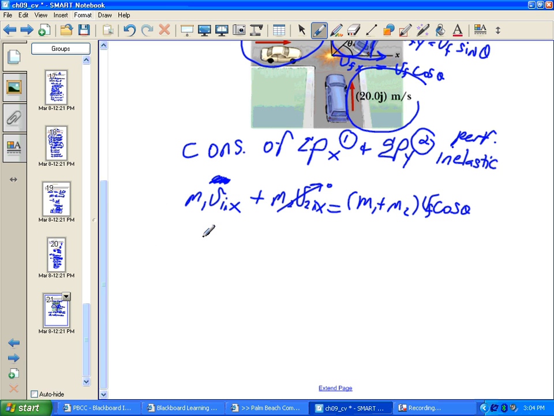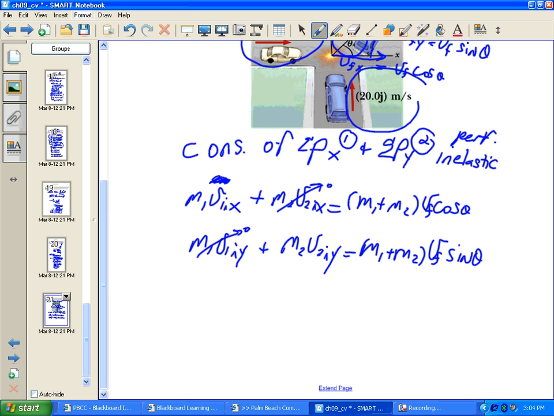Okay, the second will be conservation of momentum in y. M1 V1 initial y, 0, plus M2 V2 initial y, non-zero, equals M1 plus M2 VF sine theta.